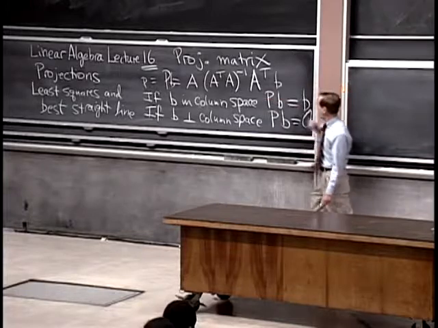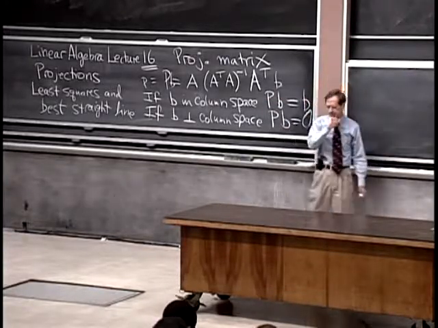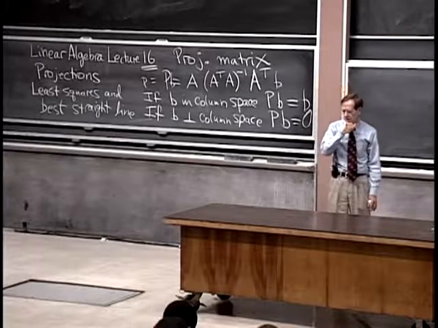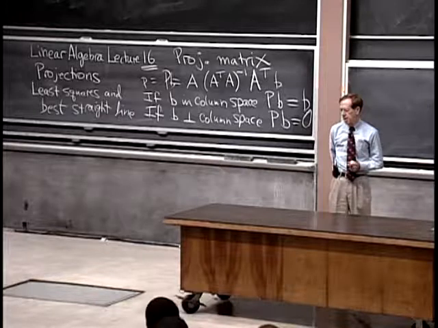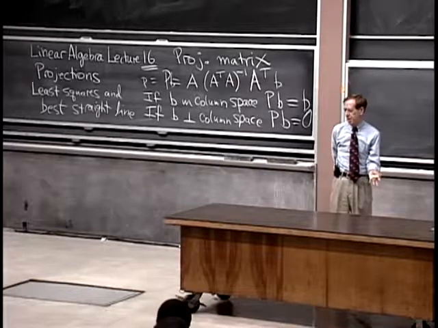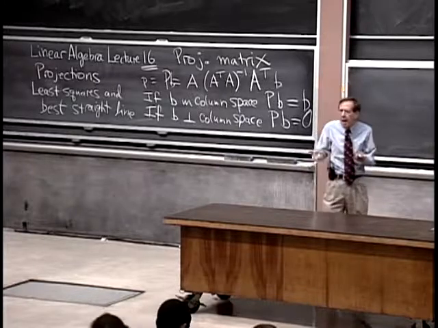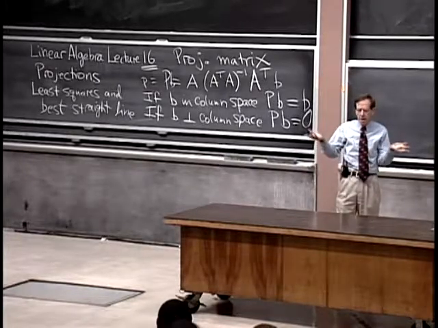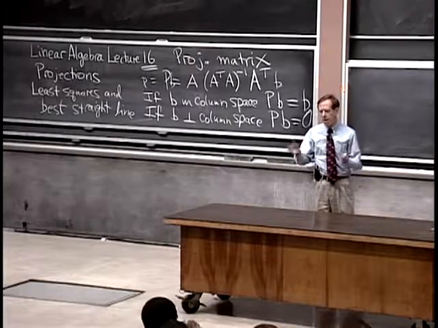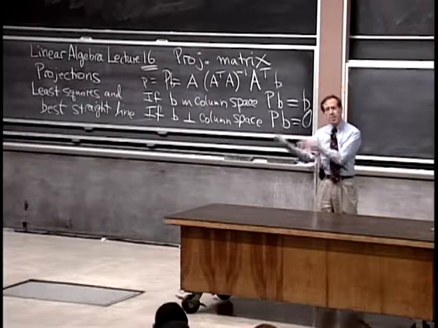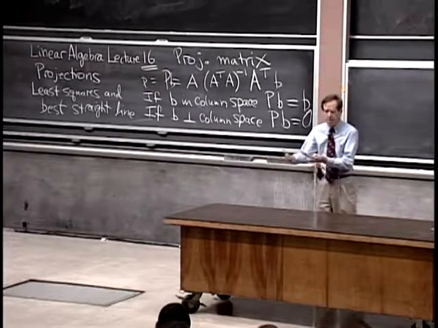Okay, what about the other possibility? How do I see that this formula gives me the right answer if b is in the column space? So what's a typical vector in the column space? It's a combination of the columns. How do I write a combination of the columns? How would I write your everyday vector that's in the column space? It would have the form A times some x, right? That's what's in the column space, A times something.